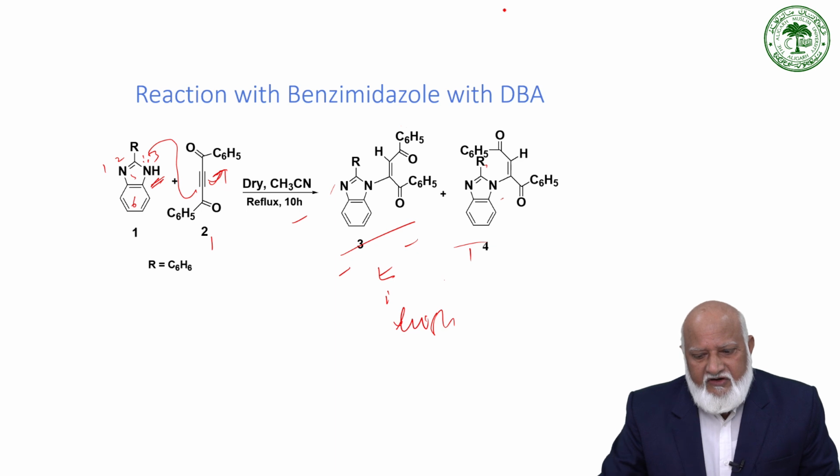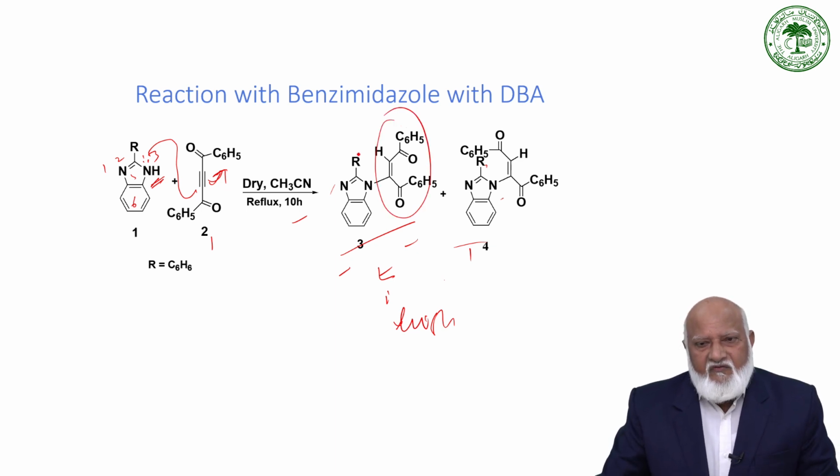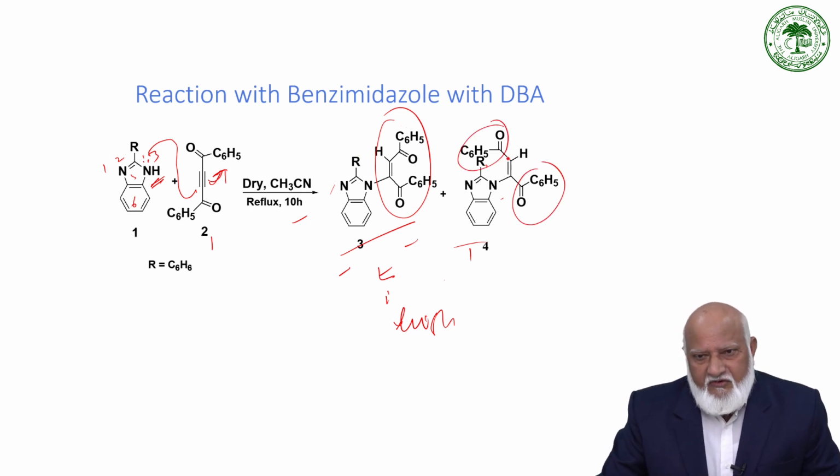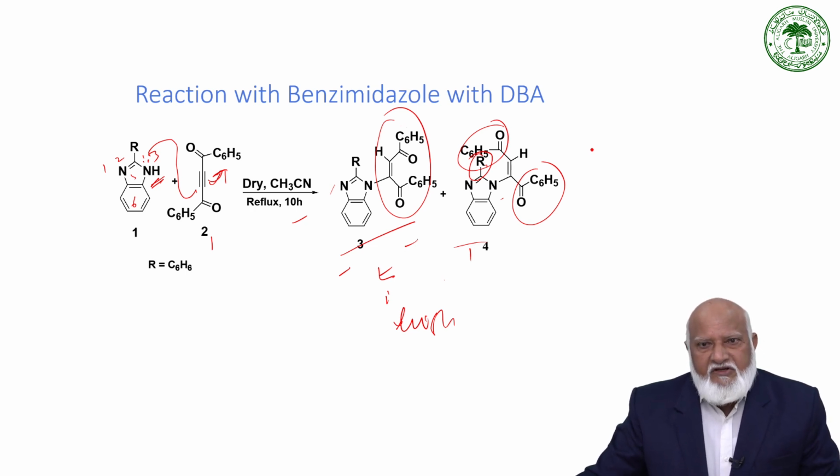The yield of the isomer where the two benzoyl groups are on the same side is higher than that of the isomer where they are on opposite sides, because of the steric hindrance between the substituent at carbon R, which is a phenyl group and quite bulky, and of course the benzoyl group itself.